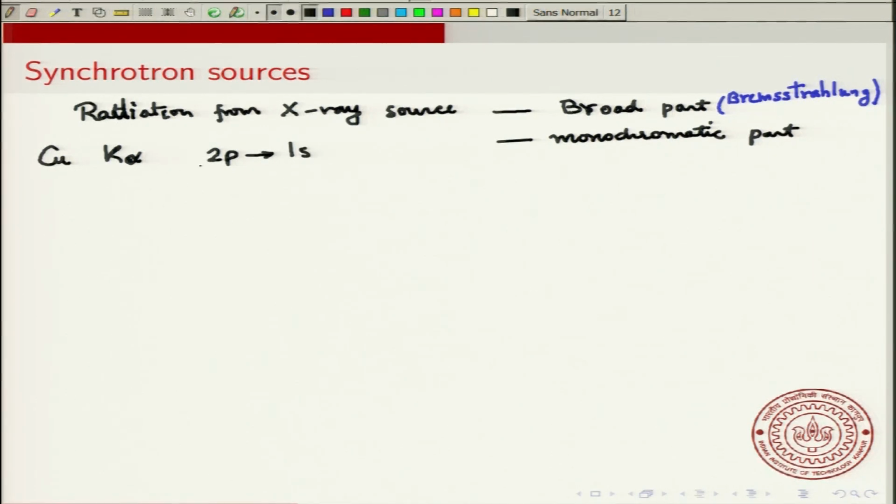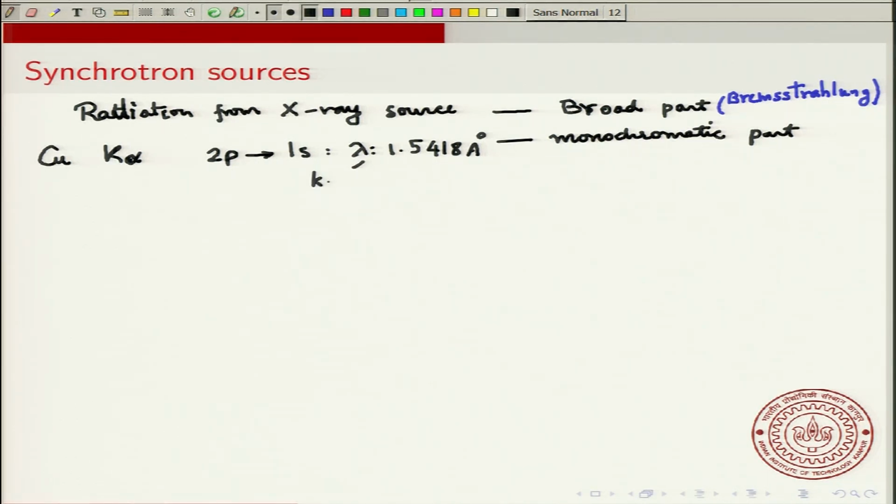So, an electron from 2p transitions to 1s of copper, and the wavelength generated is 1.5418 angstroms. Copper K alpha is one of the most common sources. This actually appears as a doublet, two closely spaced peaks.